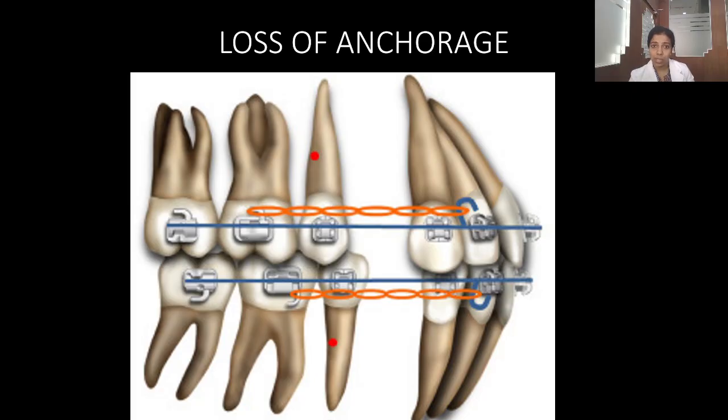But in certain situations, if the force application or the manner of force application is not proper, or for any other reason, there may be a forward movement of the posterior teeth, and if it closes more than the accepted value of anchorage loss, it may jeopardize the treatment planning. So we should always be careful about the amount of loss of anchorage.